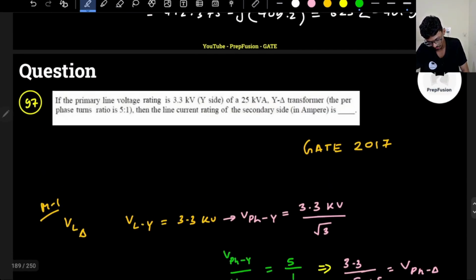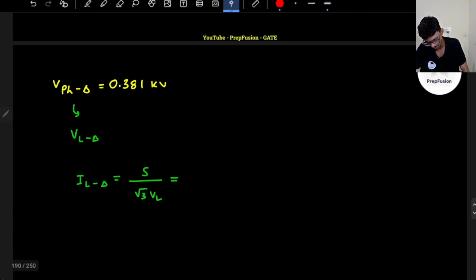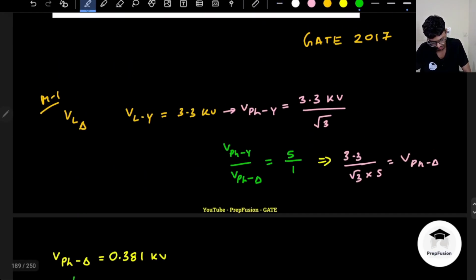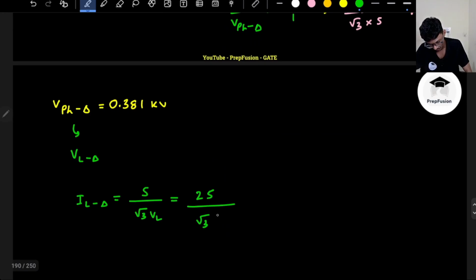It's a 25 kVA transformer, so this will be 25 kVA divided by root 3 into 0.381 kV, so kilo will automatically get cancelled. This value will be 37.88.